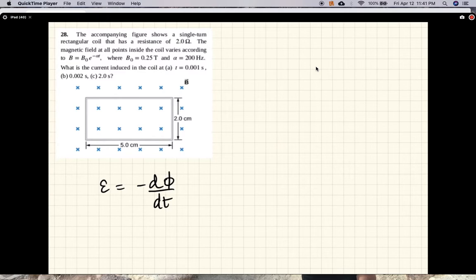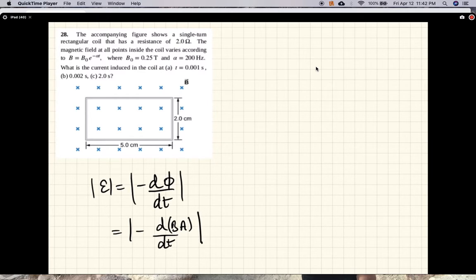We will come to that, but right now all we want is the magnitude of the EMF. So the magnitude of the EMF is equal to d by dt of B times A. The magnetic field is perpendicular to the plane of the loop, and so the flux is B times A.